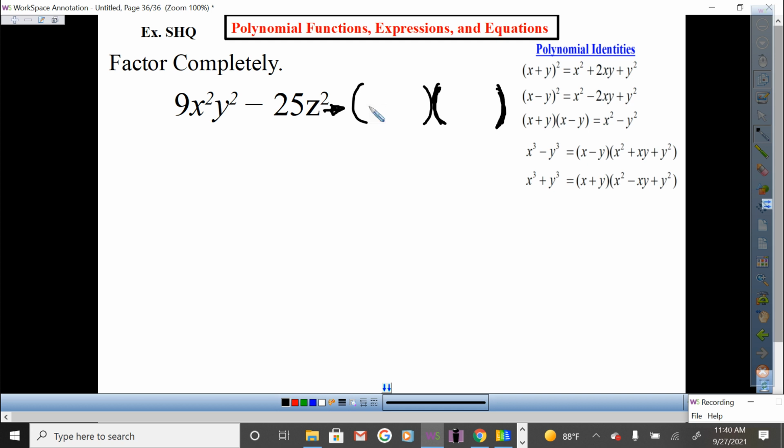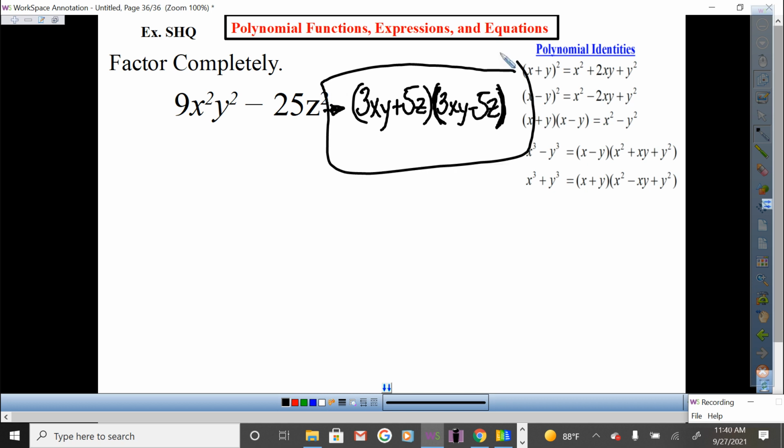Help him out, Carlos. 3xy plus 5z. And then the other one is 3xy minus 5z. Hands if you got that. Let's go. Right? Alright. We good with squares, yes?